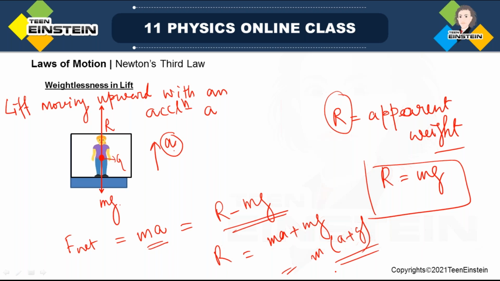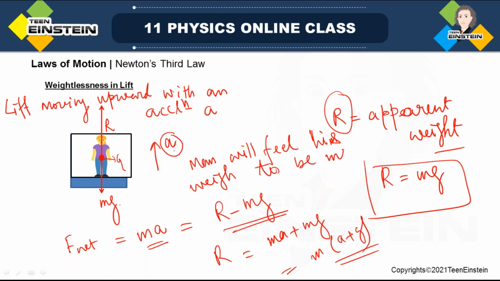When a lift accelerates upwards, the apparent weight of the man inside rises. So the man will feel his weight to be more. So this is A plus G.